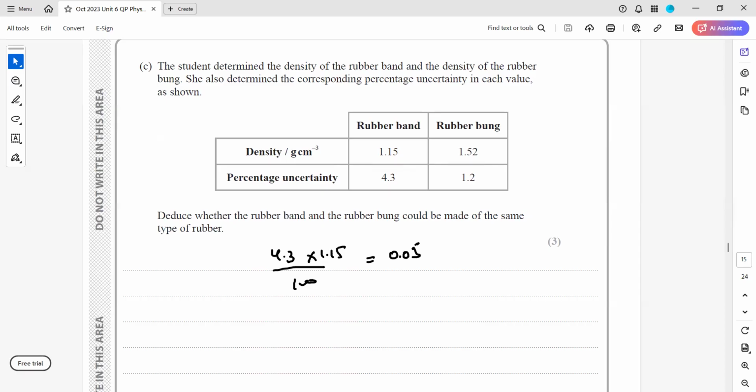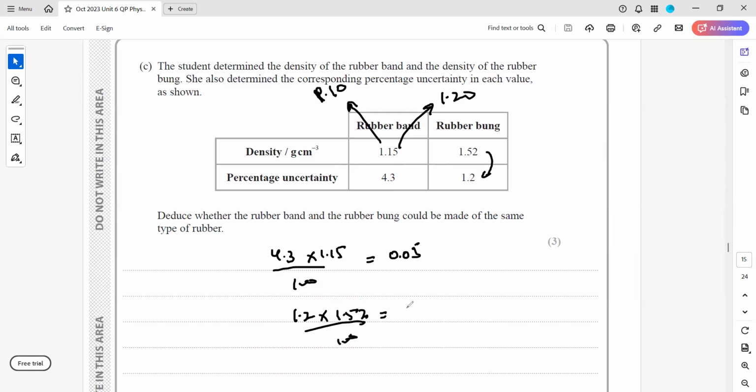So what are the limits, the upper and the lower limit? Either it can be more than this, so it might be 1.20, or it might be lower than this, so it will be 1.1. And what about this one, 1.52? We'll work out 1.2% of 1.52 divided by 100.